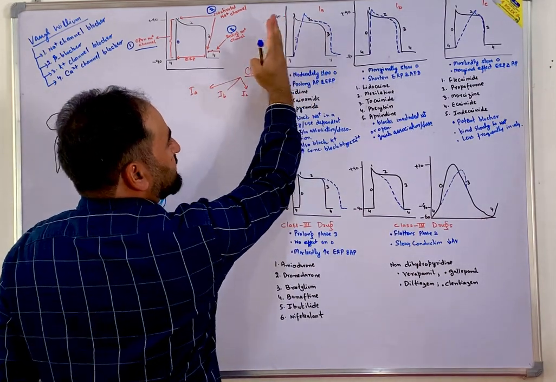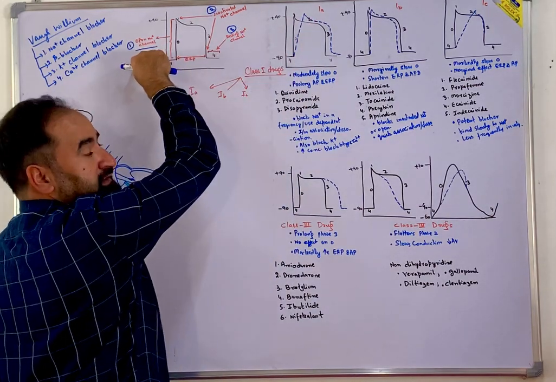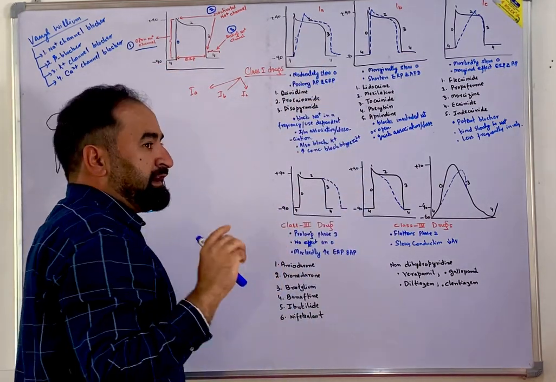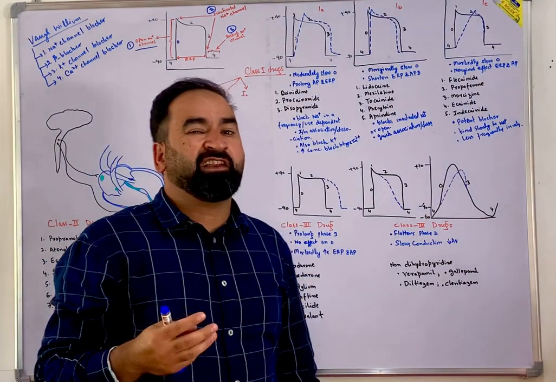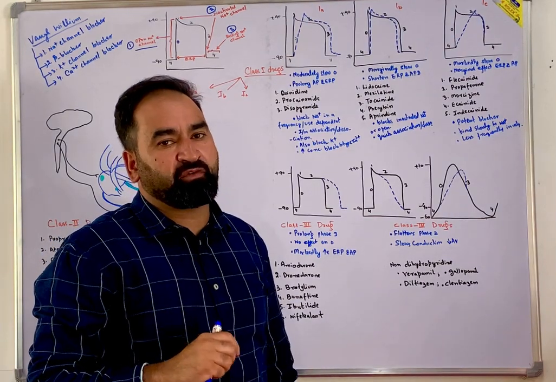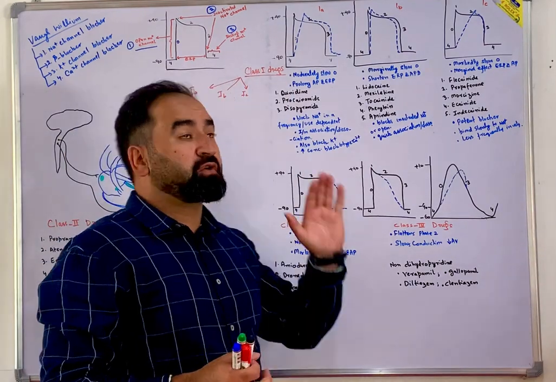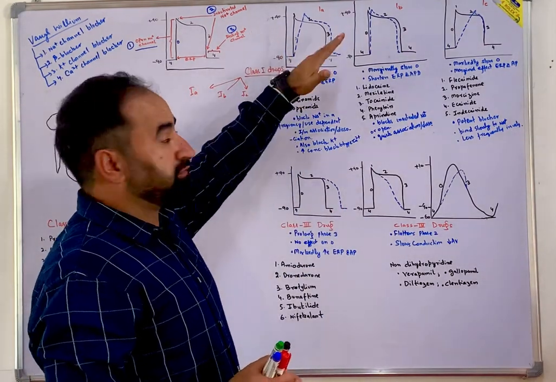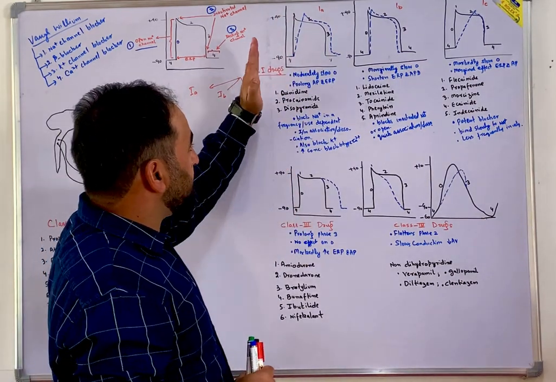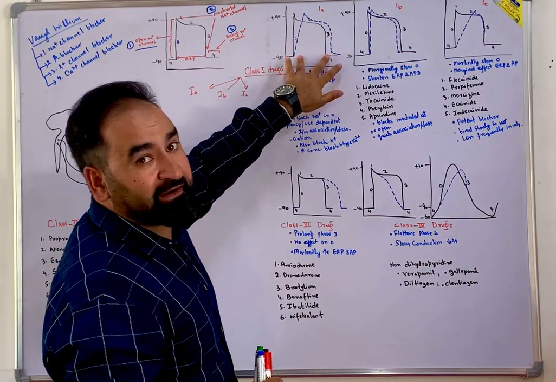It moderately slows the zero phase. It binds to the open state of the sodium channel. And in the late stage, it also binds with the potassium channels. So it is going to prolong the action potential duration, as well as the effective refractory period.